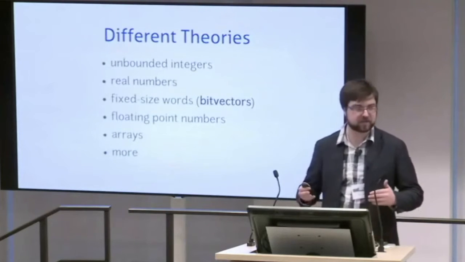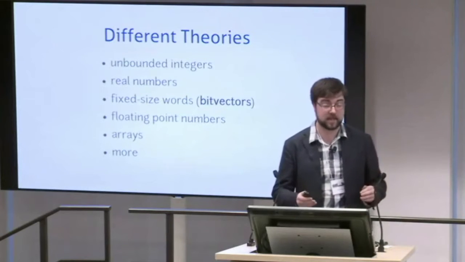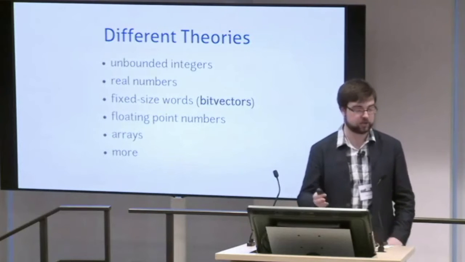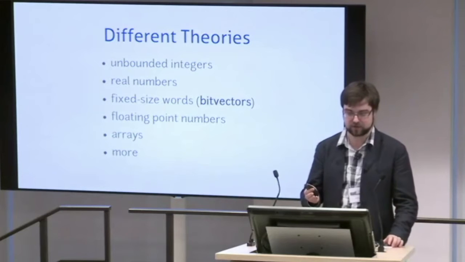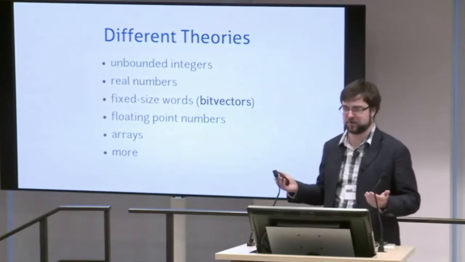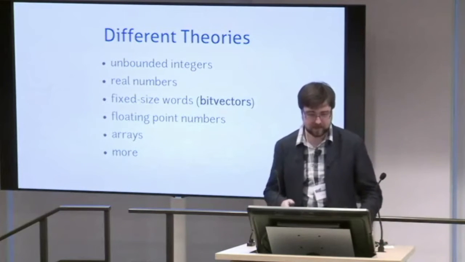So the different theories correspond roughly to the different kinds of variables and the different sorts of constraints that you can express. And there's a bunch. I listed the ones that seemed the easiest to understand, but Z3 has 30, maybe more. There's a lot of capabilities.